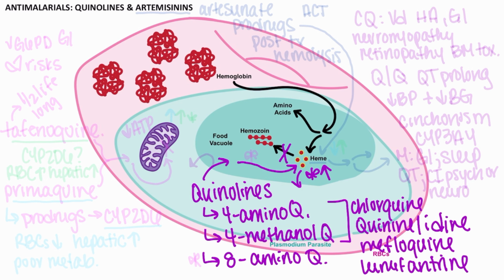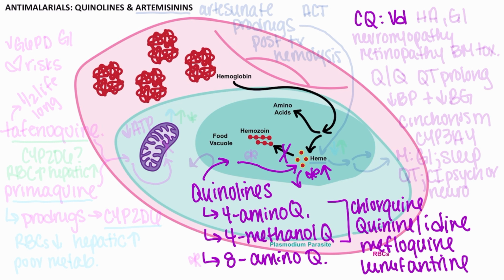So important pharm considerations are going to vary between the different agents, but there are a few to take note of. For chloroquine, this was the first drug that was used pretty broadly for malaria treatment, and many of the others within this class are very similar in structure and were generated after. Because of that, chloroquine and the others have a very large volume of distribution, meaning that it is sequestered in the tissue, so if a toxicity occurs, it's probably going to be prolonged, and it's not really going to be helped by things like dialysis, for example.